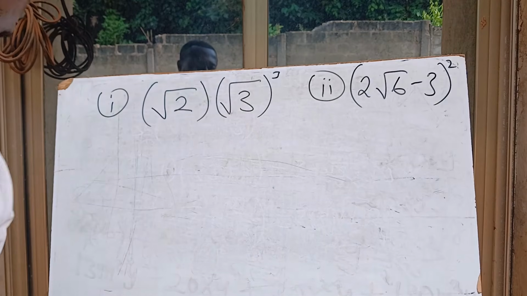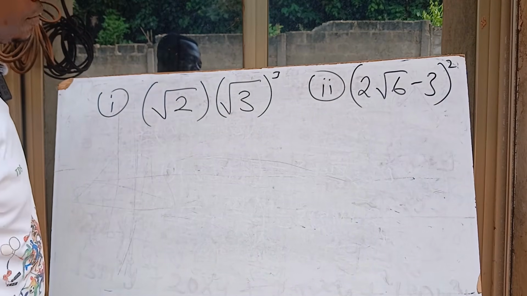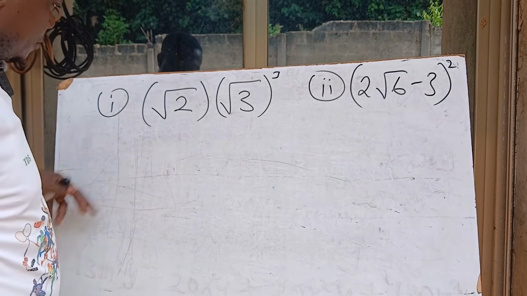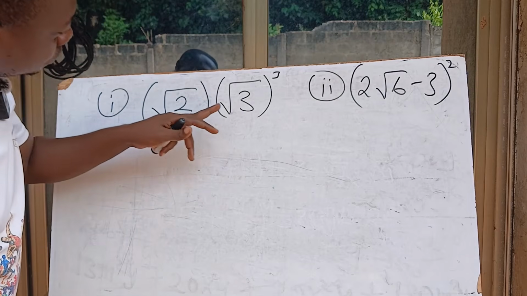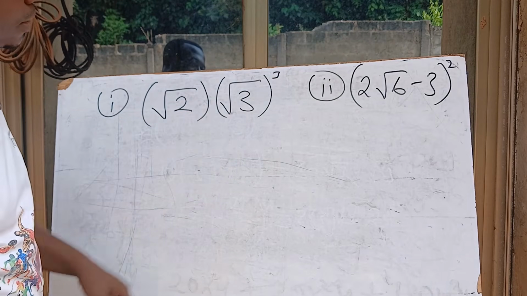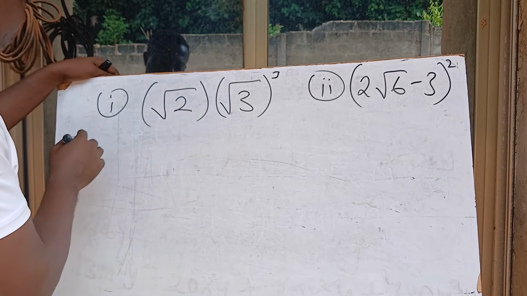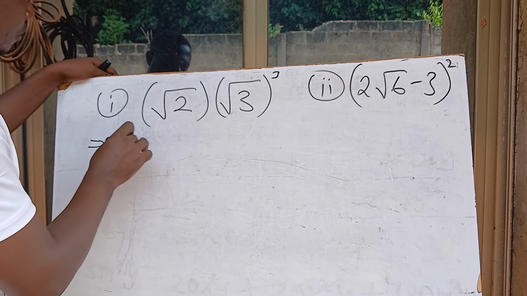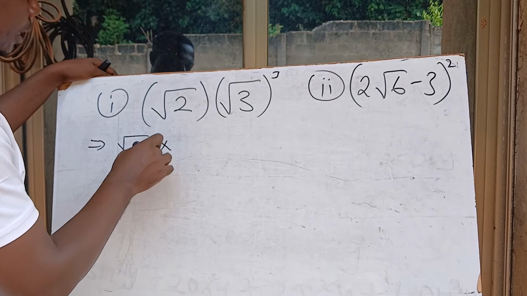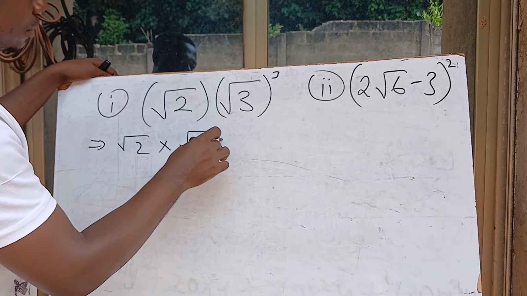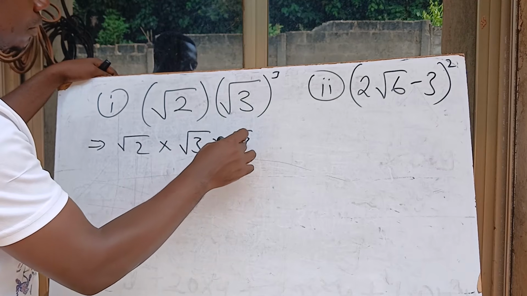Okay, so let's simplify the following. We have square root of 2 times square root of 3 to the power 3. Okay, so we can write this one as square root of 2 times, so this one is 3, so I will put it 3 times.